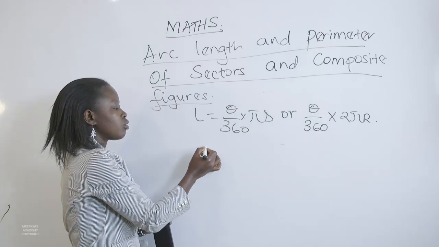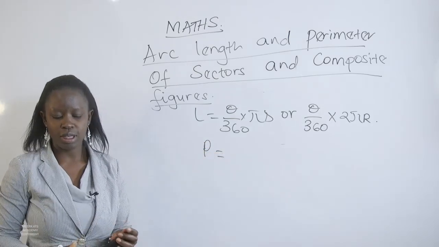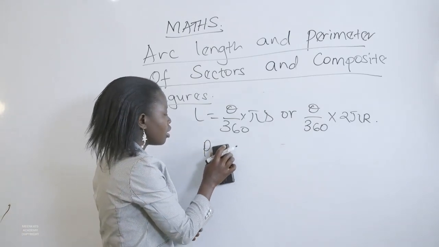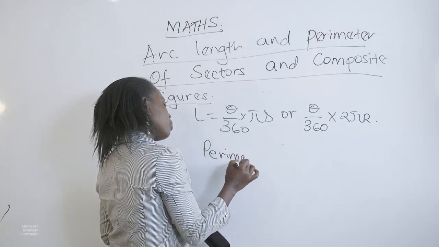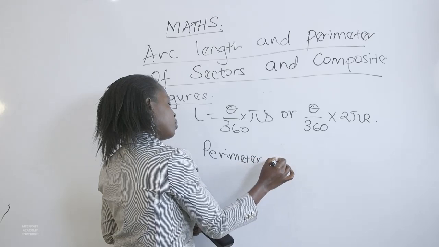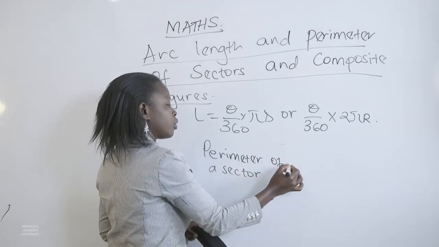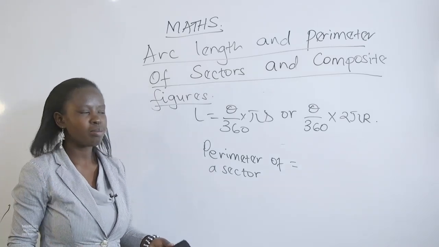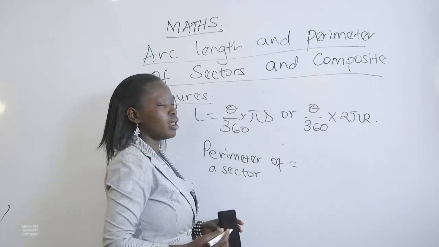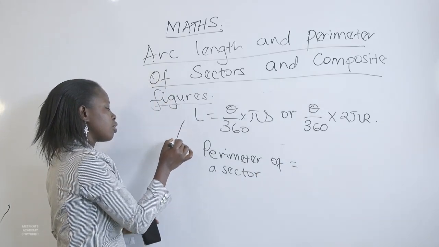But supposing we've been asked to get the perimeter of the sector. The perimeter of that given sector will be obtained by, first, getting the length of the given arc, because we are talking about a sector of a circle.